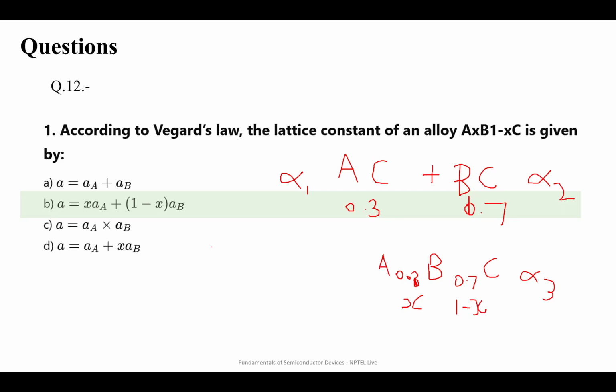No. So you see, this is lattice constant. What is the unit of lattice constant? Centimeter. All three of these are lattice constants, right? Yes, sir. So the result will be centimeter square, which is not possible. Okay, okay.